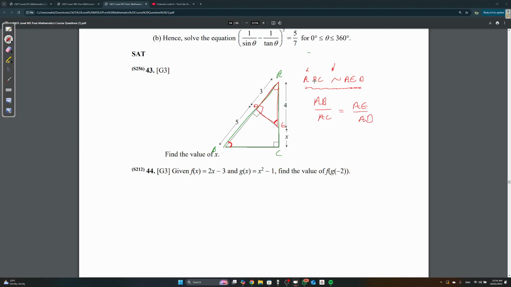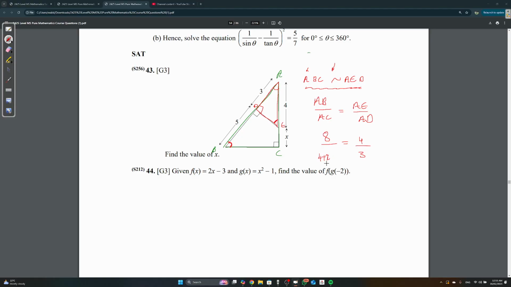Right? AB over AC is equal to AE over AD. This is grade 8 material, by the way, huh? AB, which is 5 plus 3, 8, over AC, which is 4 plus x, is equal to AE, which is 4, over AD, which is 3.